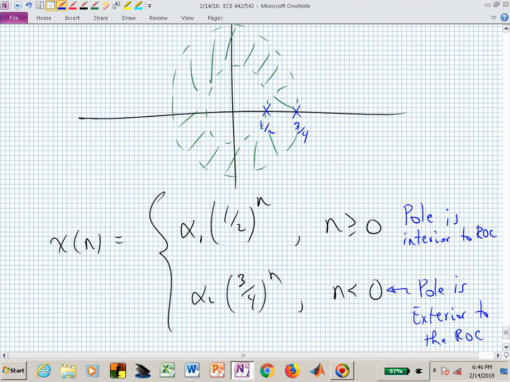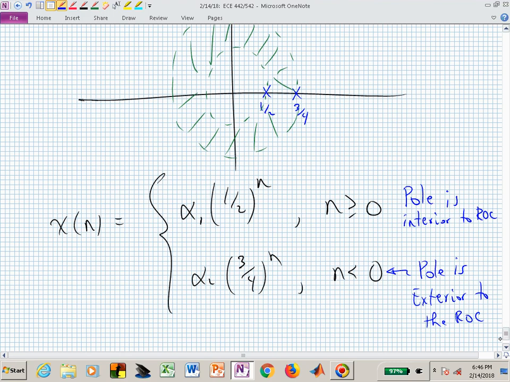So is this waveform bounded or unbounded? If I have 1/2 to the n and n is positive, how's that behaving? 1/2, 1/4, 1/8, that's okay. But what about 3/4? 3/4 to the -1, 3/4 to the minus... That one's going unbounded. So we have a two-sided sequence.